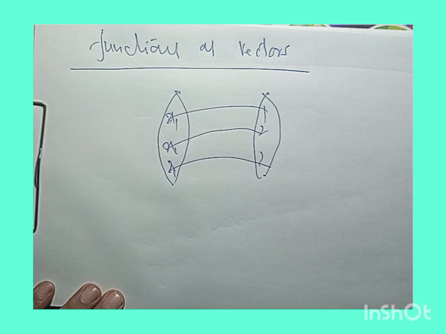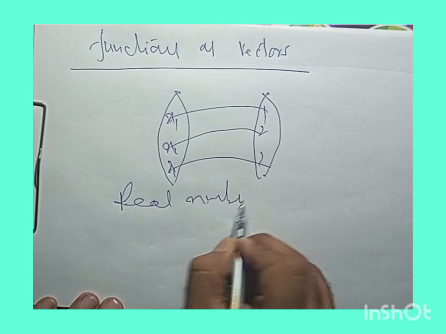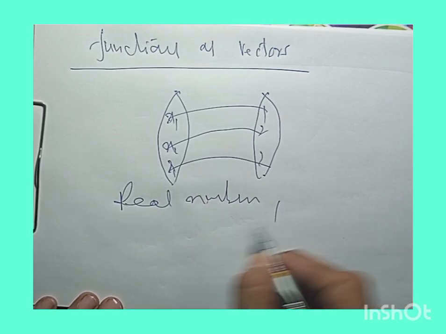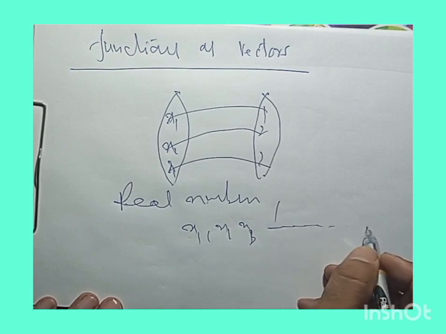Here, the argument is basically to create a situation where we can realize that functions can as well be treated as vectors. If we start with an argument and take on the real numbers, say we start with some real numbers x1, x2, x3, and so on and so forth.